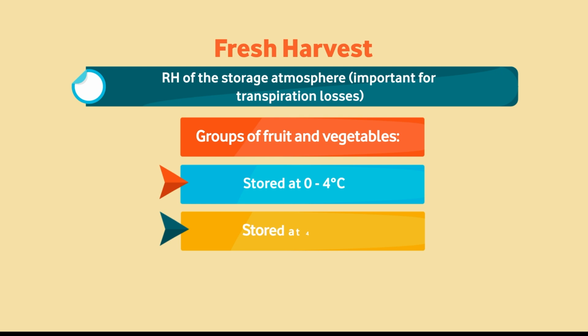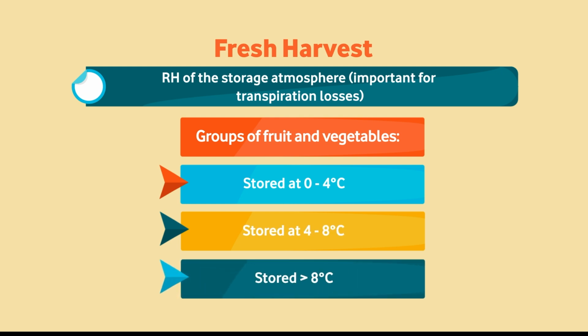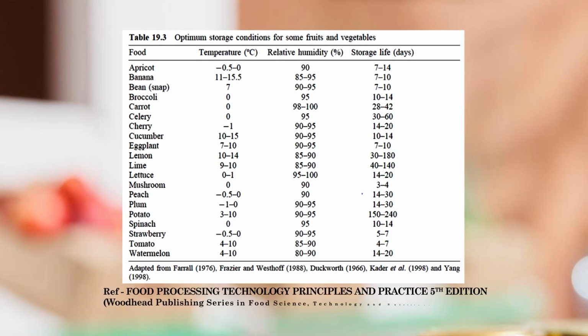Now for fresh harvest, we basically classify the groups of fruits and vegetables: the ones stored between 0 to 4, another 4 to 8, and then a few which require above 8, even above 10. A glance can be taken that the temperature and relative humidity requirements may vary from commodity to commodity. And even within a commodity there is a range.